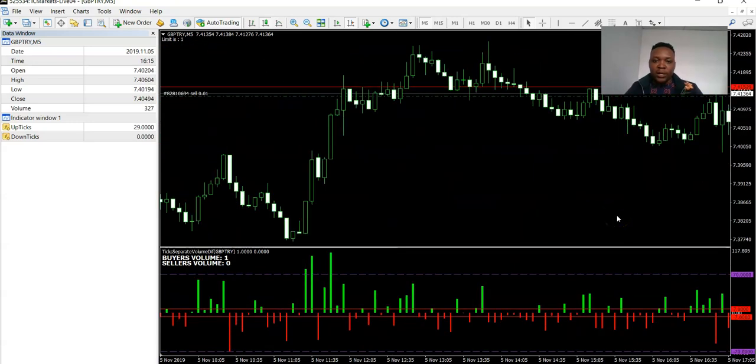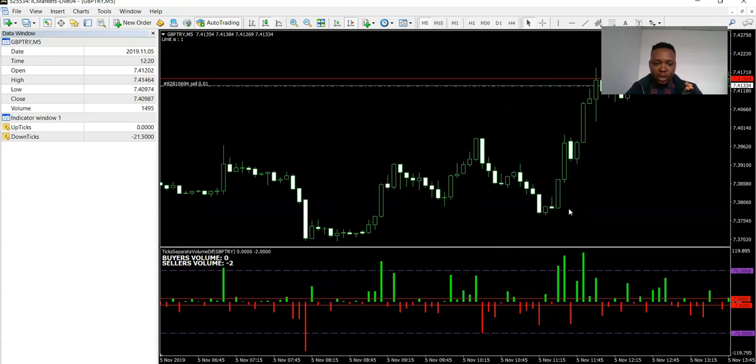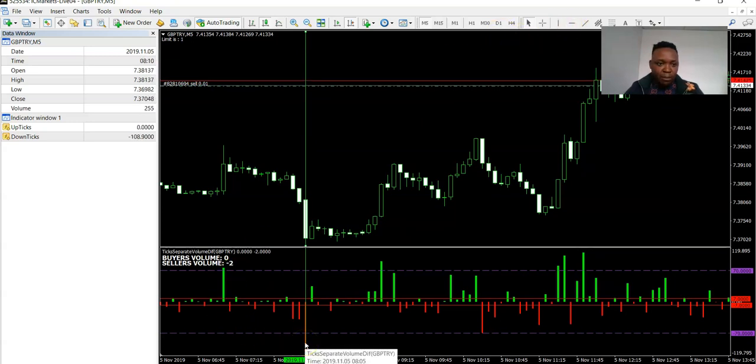Let's reverse this and go a little bit further. Sometimes it doesn't work. Yes, it's part of trading, but most of the time it works. If it doesn't work, then you also get information on that particular candle. There we go. You can clearly see that big jump, 108, right? You go and identify that zone.